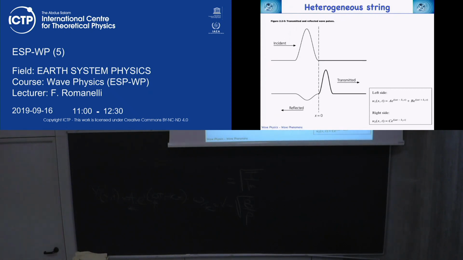Okay. What about the boundary condition? They will be giving us two equations. The first one will come out from what we call displacement continuity. The string cannot break. So the displacement at the junction has to be equal on the two sides. It's continuity.